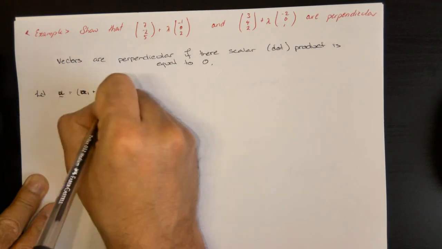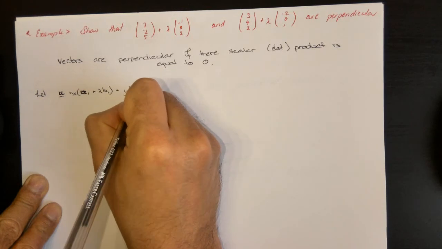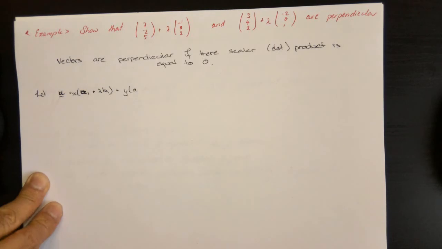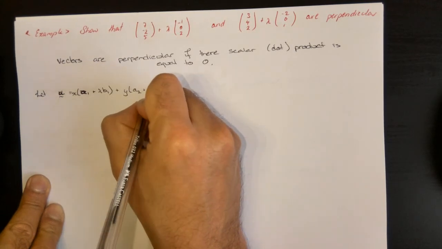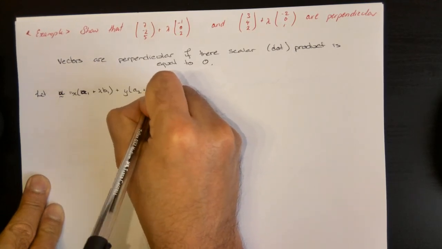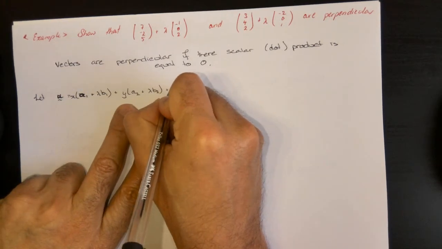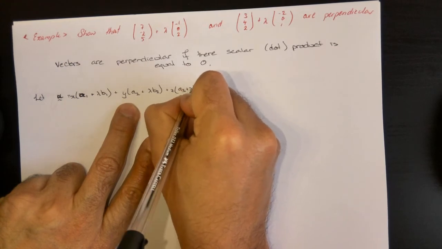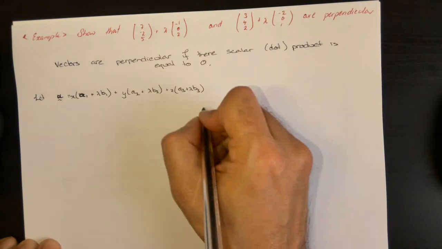And that's our x's, and then our y's would be a2 plus lambda, let's say b2, and then our z value would be our a3 plus lambda b3. Now, these x, y's, and z's actually won't be there, but that's just to explain.